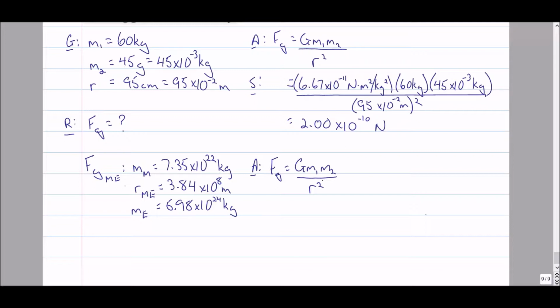But when we talk about one object orbiting another one, you'll often see the notation go something like this. We're going to have G times the central mass times the orbiting mass, all over the distance separating them squared. This is the way you'd often see things in celestial mechanics.